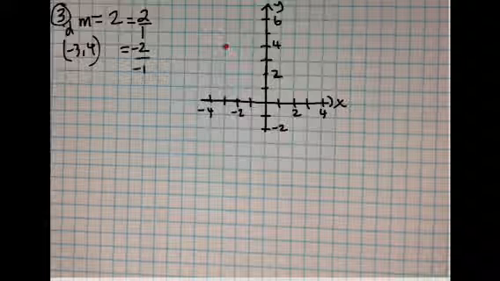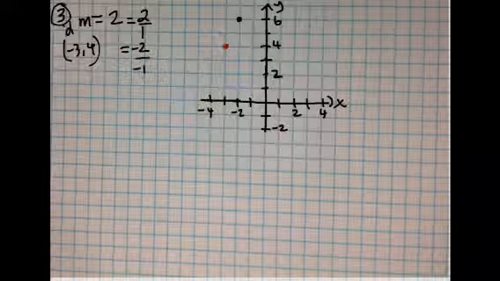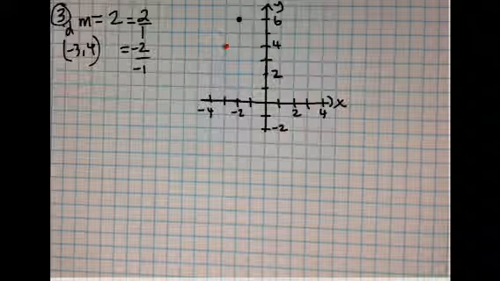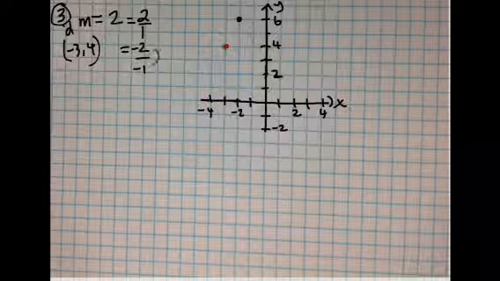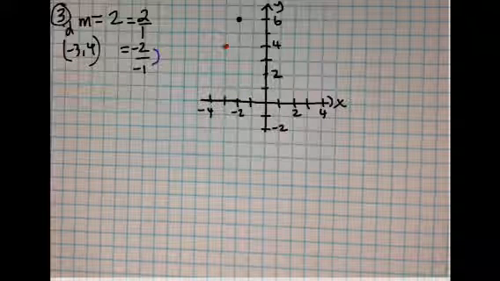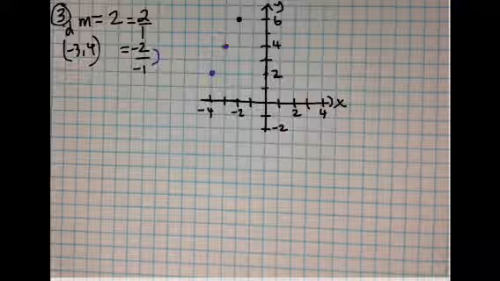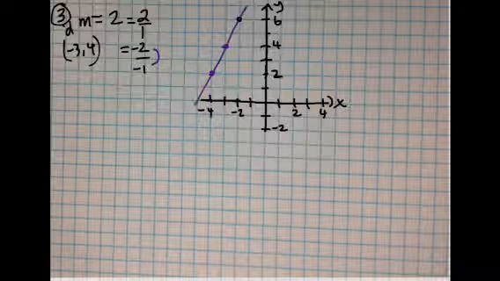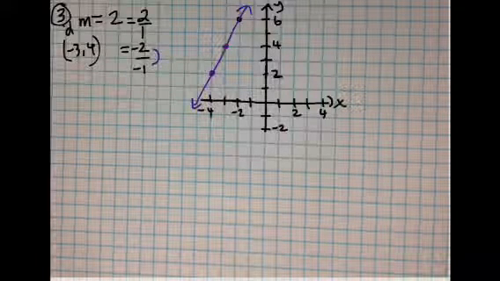So from negative 3, 4, I'm going to go up to the right 1, so I'm going to land right there. And when I use negative 2 over negative 1, from this point right here, I'm going to go down to the left 1, so it's going to be right there. Okay, so the points are all on a straight line, like that. And the slope is positive, right?